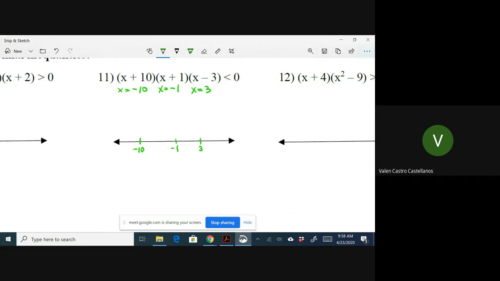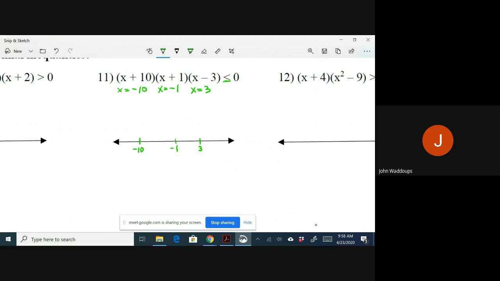Now here, all of them are equal to the number because there's no denominator. If it had this equal sign, then they could be exactly equal to this. Now, I'm writing x equals -10, x equals -1, x equals 3, just to show that these are the zeros of this.